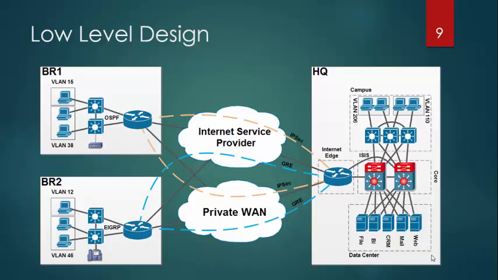In this design we can also see the network modules like campus and the data center in the headquarter. As you can see in here, there is an internet edge router which is connected to core switches. There are two 6500 switches in here as a core, and two other modules which are campus and the data center. Okay, it is a low-level design.